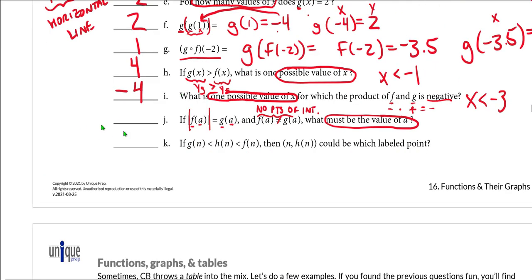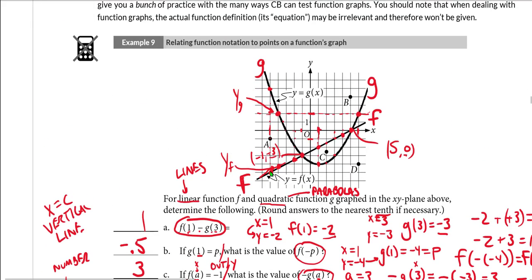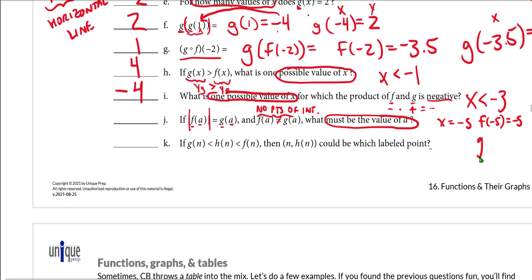When x equals -5, the f of x function equals -5, right? That was that point right there. And the g function was 5. So let me write that down. g of -5 equals 5. Well, look, if I take the absolute value of f of -5, that is going to equal positive 5, and then those two are going to equal each other.